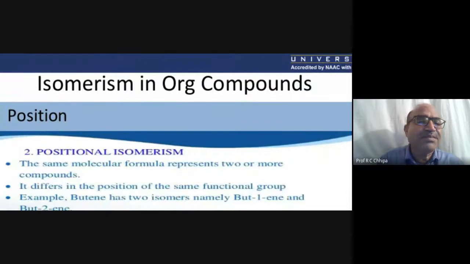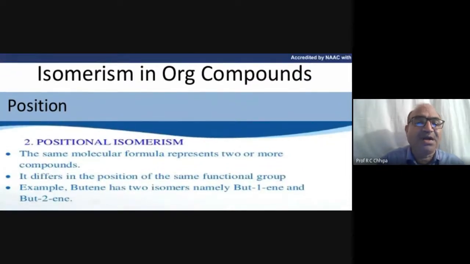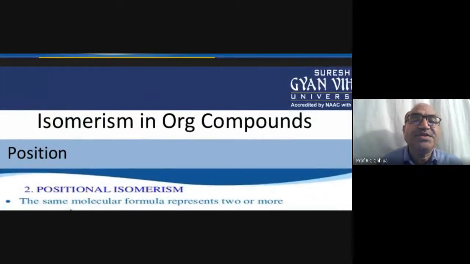Now we have the position. Position of what? If we have a 6 carbon atom hydrocarbon, the CH3 position in the 5 carbon atom long chain may be at the second carbon atom or at the third carbon atom.